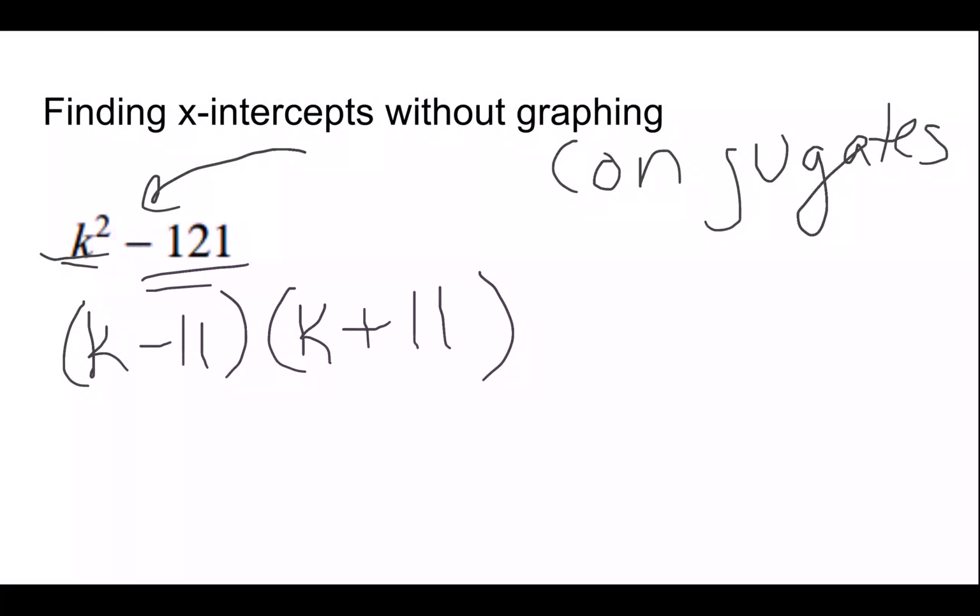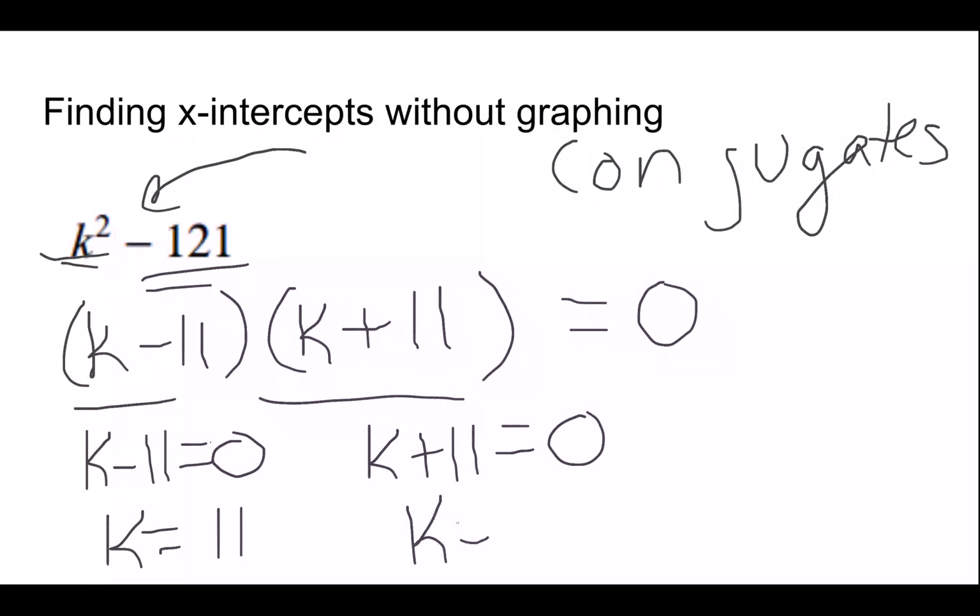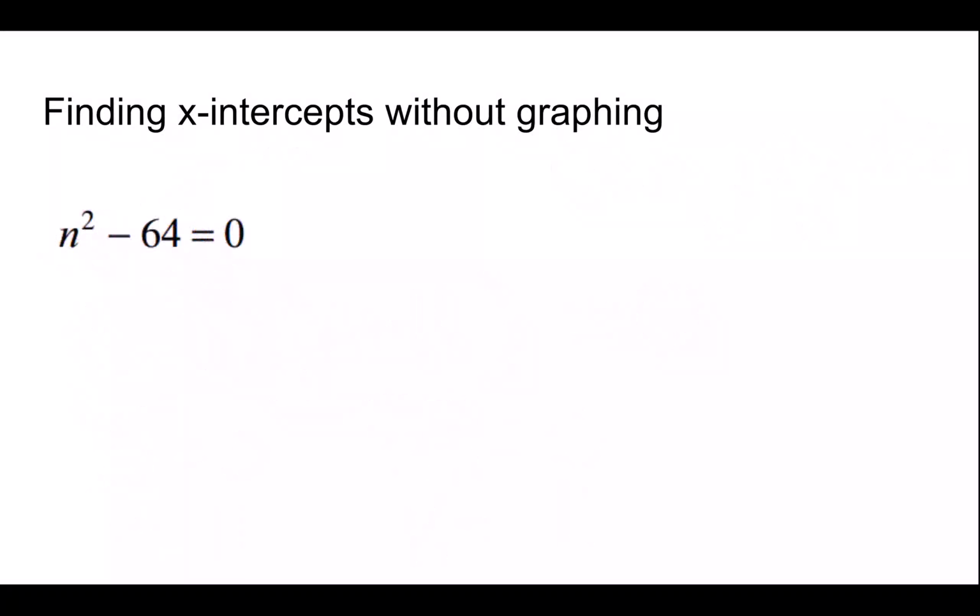And these things are conjugates because they're the same but opposites. If you check that out and multiply everything, you will see that the middle terms cancel. This works very, very nicely. And again, one or both have to be equal to 0, so k minus 11 has to equal 0, or k plus 11 has to equal 0, which means that k equals 11, or k equals -11.